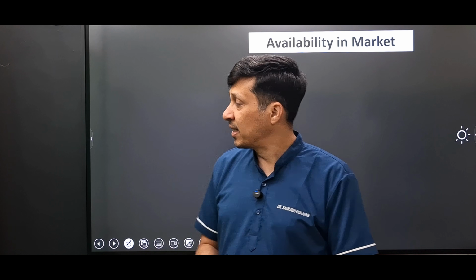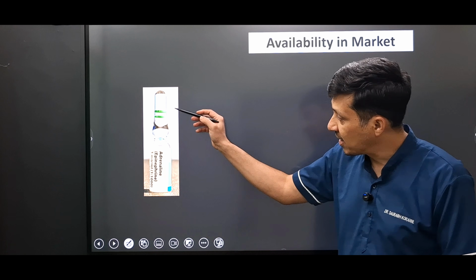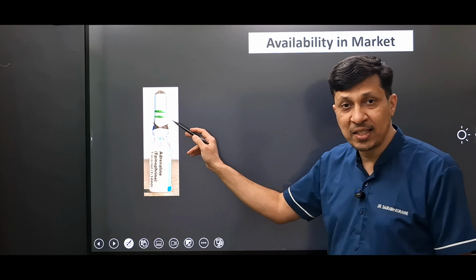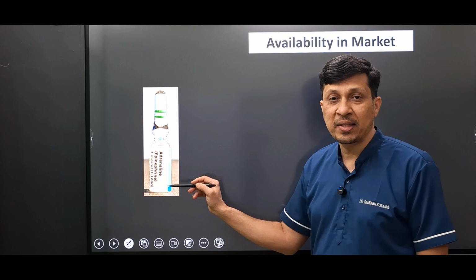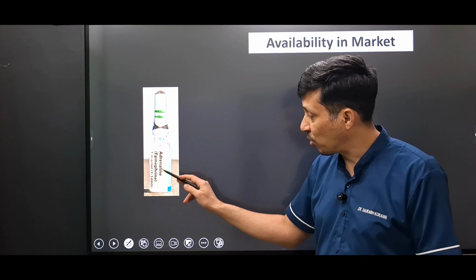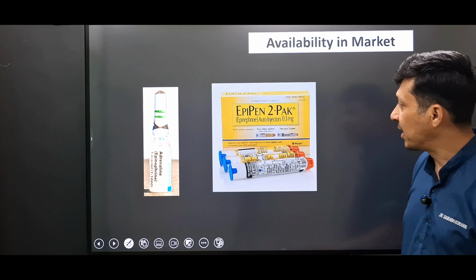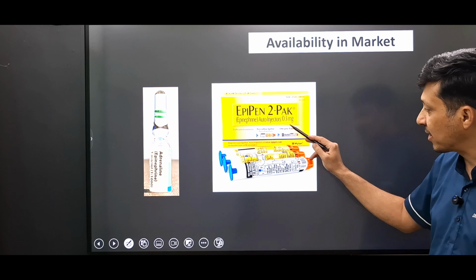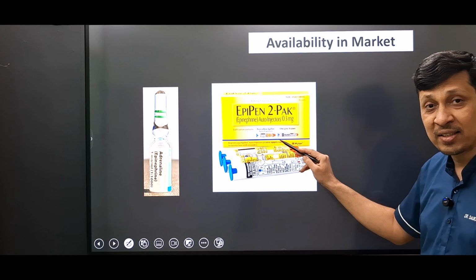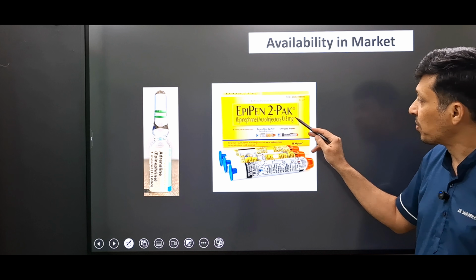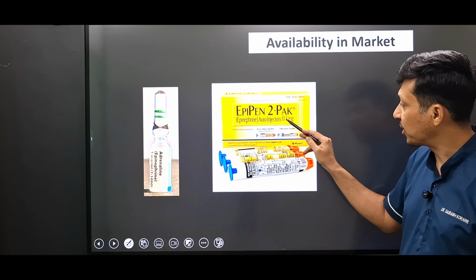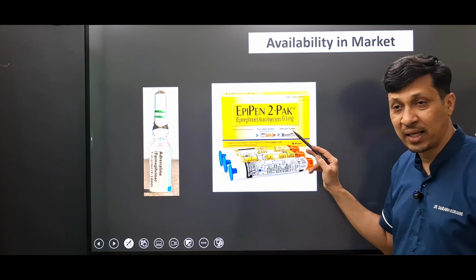Now, how is this drug available in the market? This drug is available commonly as a 1 ml ampule, and in this 1 ml, the amount of drug present is 1 milligram. That is, the concentration of drug here is 1:1000. Then this drug is also available as a pre-filled syringe as an auto injector, and the dose of drug here is 0.3 milligram.